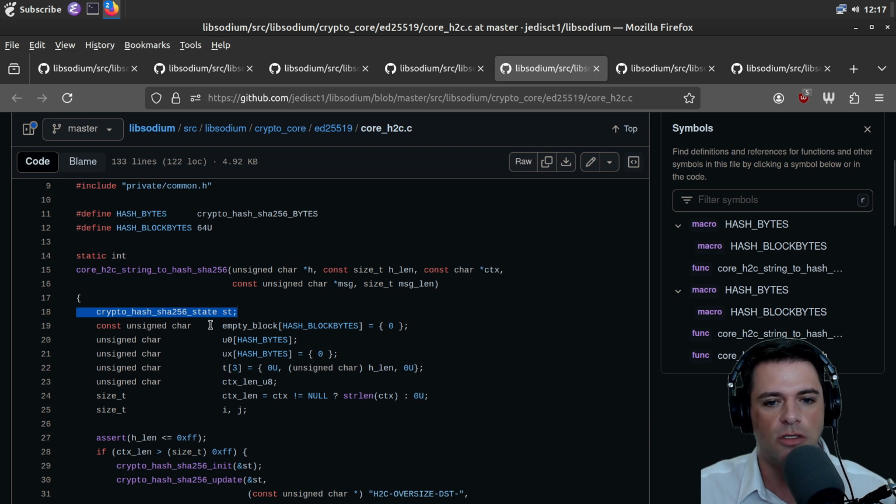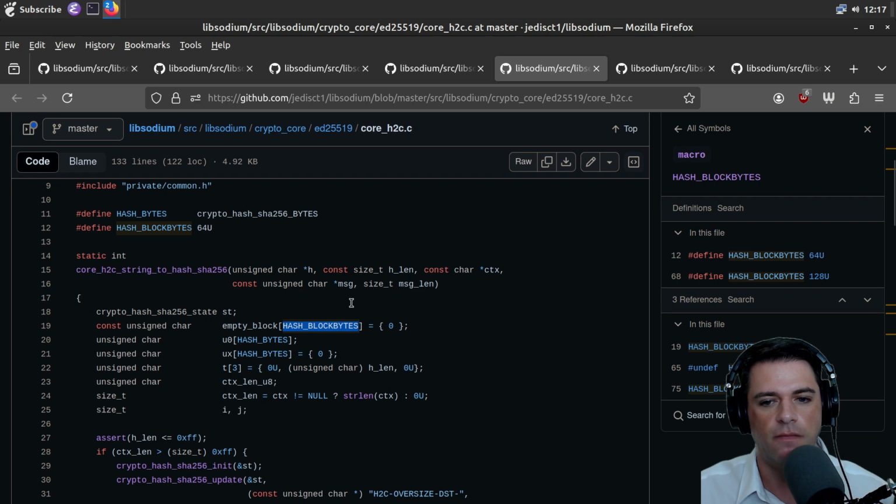And we start with some state. We create an empty block of hash block bytes long of zeros. And then we have U0 and UX are just kind of being initialized as empty things. I don't know what this T3 is.